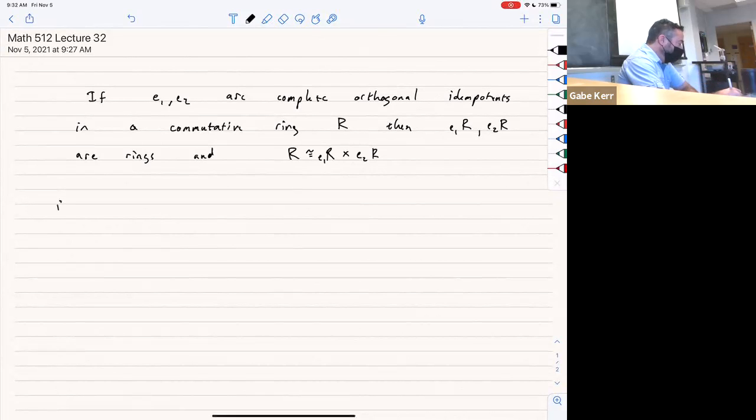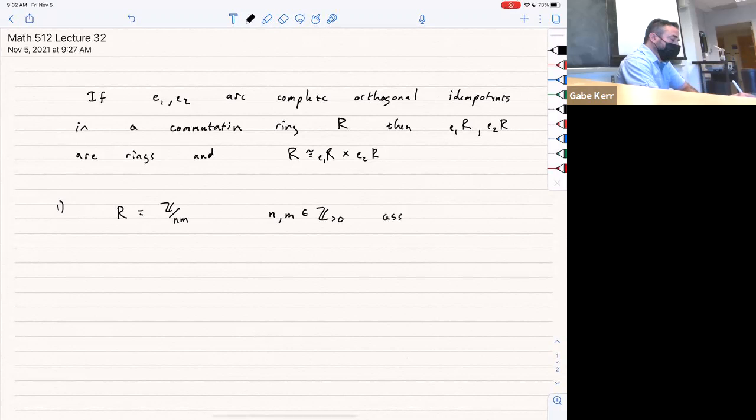Let's say R equals Z mod NM, where N and M are positive integers. We'll assume that they're relatively prime. Their greatest common divisor is 1.